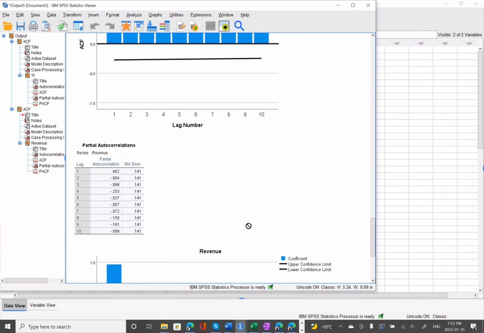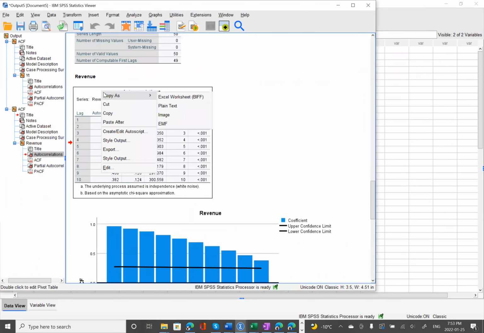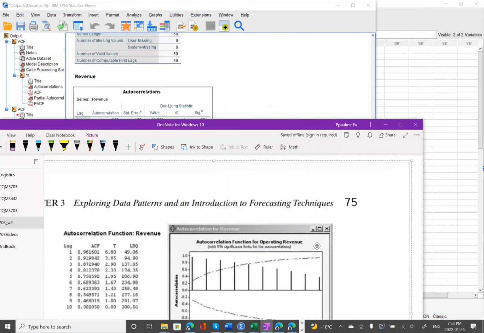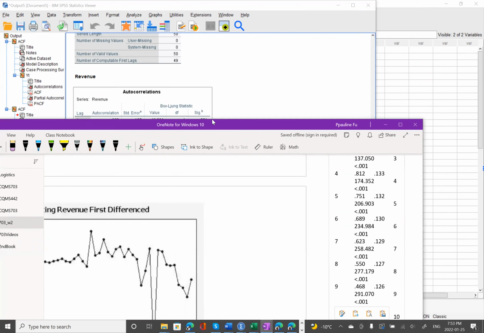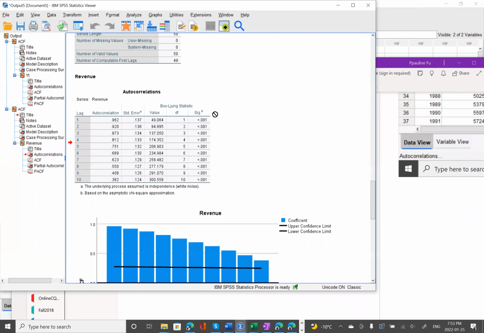Let me double check the numbers with the textbook answer, the ACF. Yes, exactly the same answer. This is the autocorrelation. If you copy this, you will find it is the same answer as our textbook. No, the data format is not the same. Maybe I'd better choose to copy the screen.